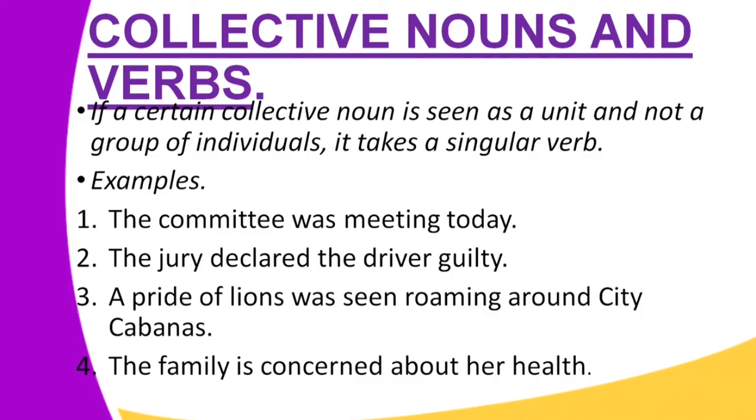A pride of lions, a group of those lions, is being treated as a single entity, therefore we assign it a singular verb, was. Number 4, the family is concerned about her health. Family is being treated as a singular entity, therefore being assigned a singular verb, is.